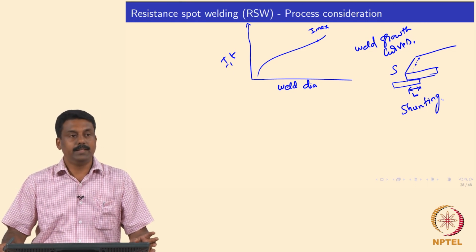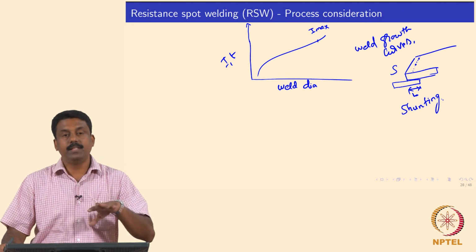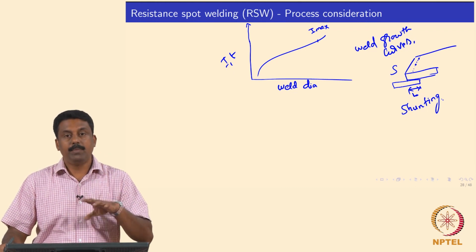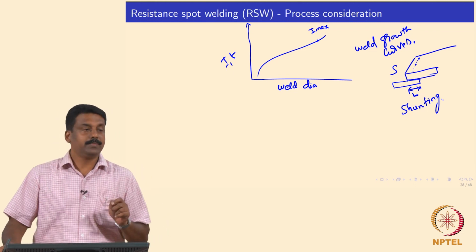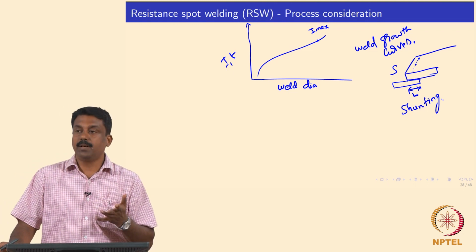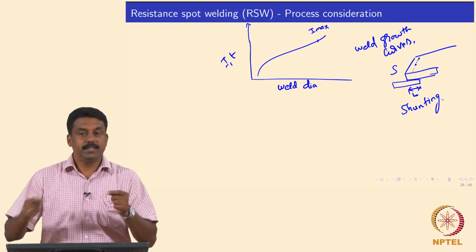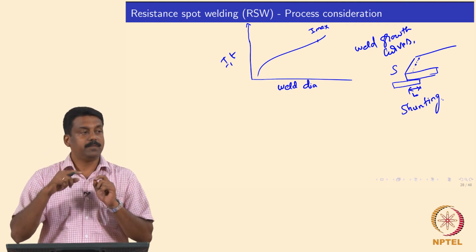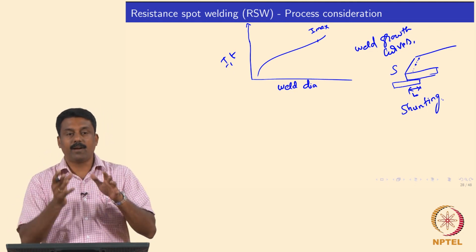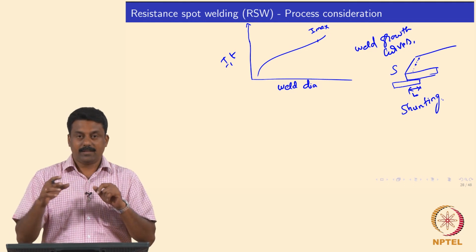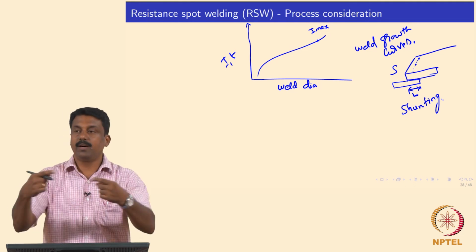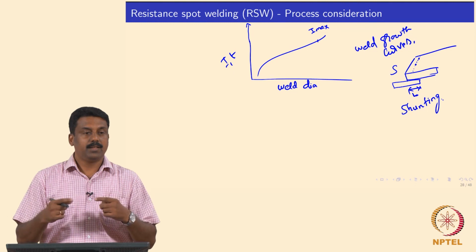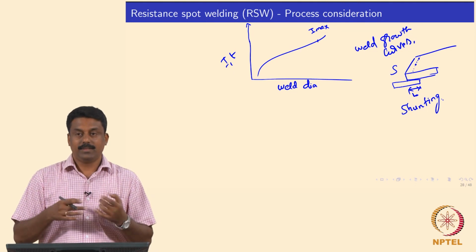So they think about the designs, and when they conceive the design they keep in mind which welding process they are going to use, because in resistance spot welding the disadvantage is accessibility. Both electrodes should reach the same spot, okay. Suppose you have a complicated, curvy geometry, then you can't reach the spot from top and bottom, isn't it?